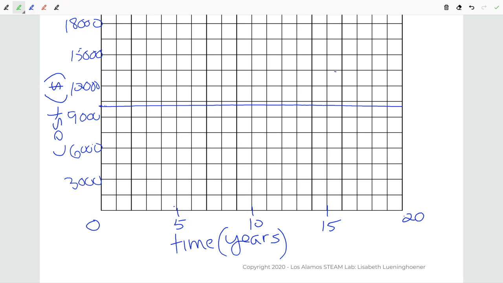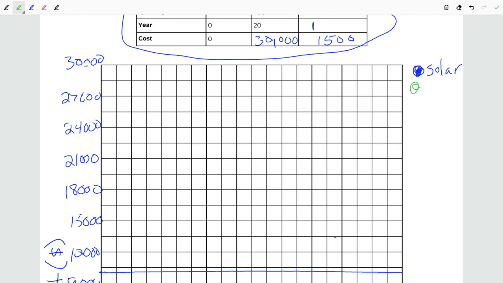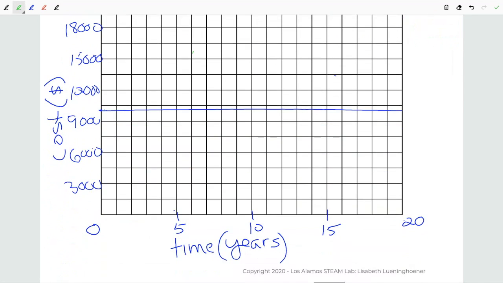I'm going to switch my color over to green for our grid cost. My first point for my grid cost is at year 0, I have spent $0. My second point is at year 1, I have spent $1,400, which is just under this intersection right here.